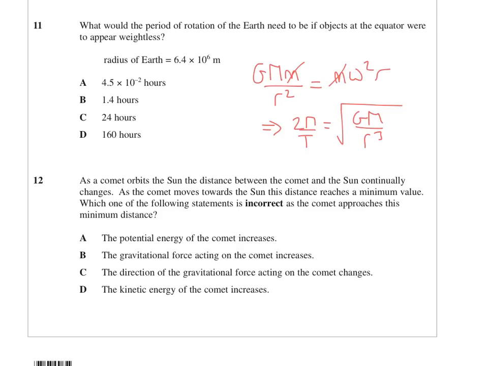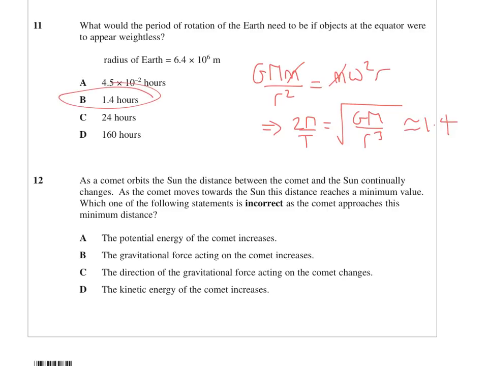Square root of answer, 2 times pi divided by answer gives you 5093, divided by 60 to turn it into minutes, divided by 60 to turn it into hours, gives you something that's about 1.4. So answer B.